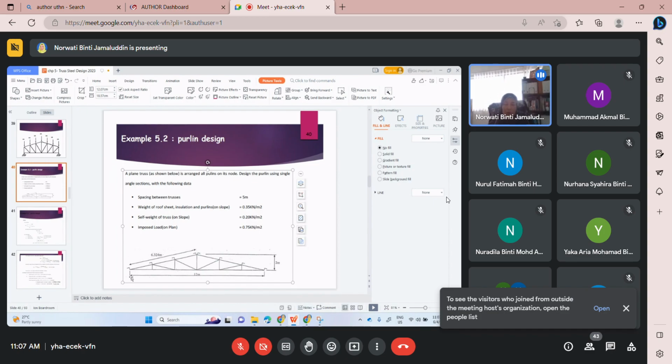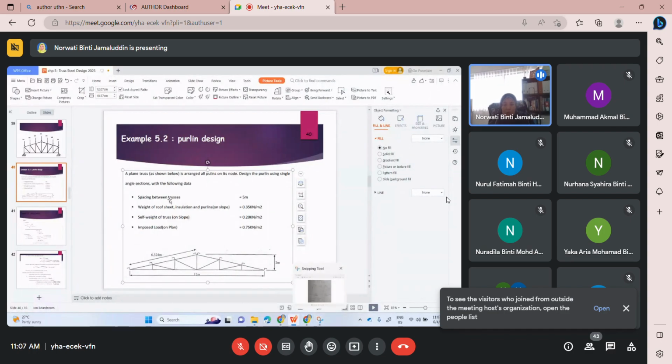truss, a plain truss, okay, with the arrangement of purlin located on the nodes, and the purlin needs to be designed using single angle section with the following data.